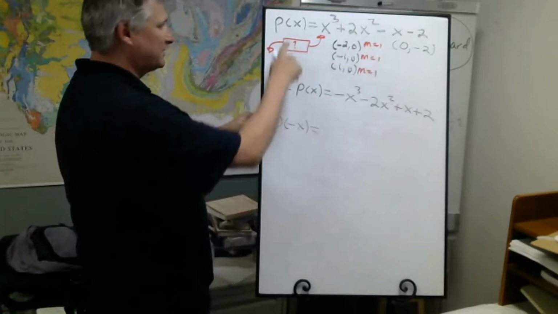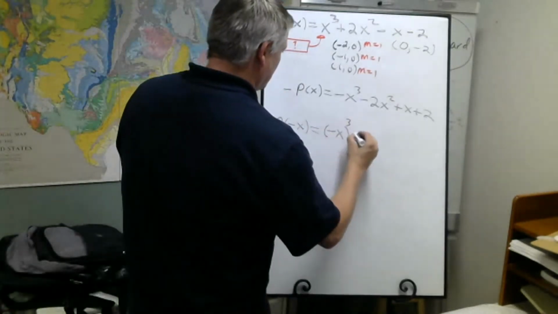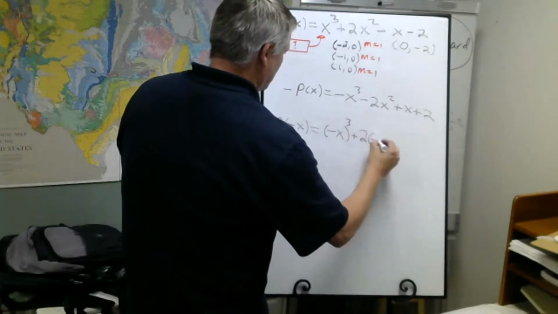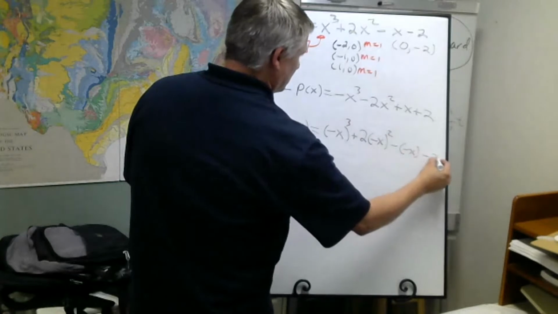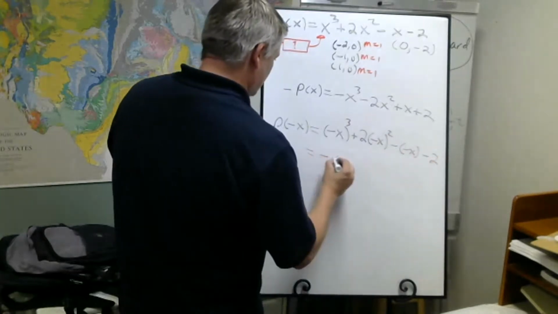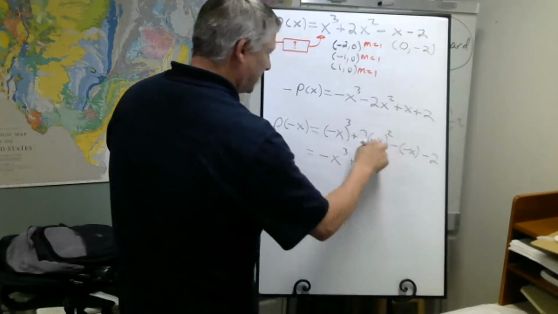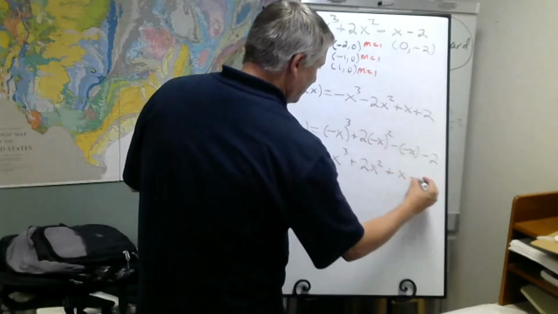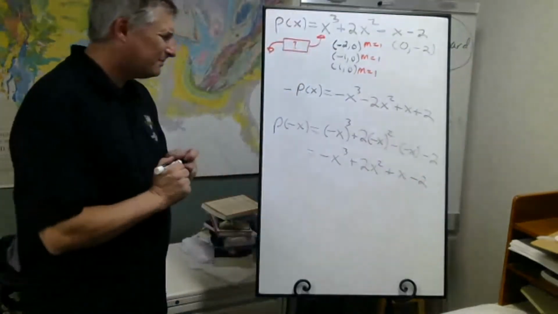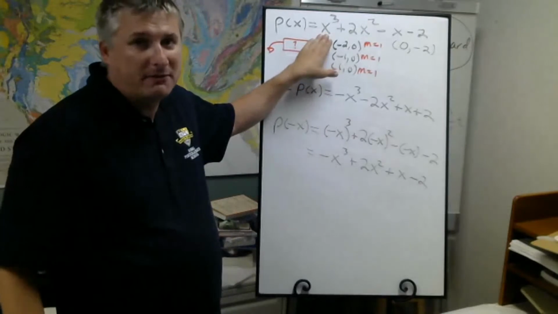So plugging negative x into p of x, the square takes out the negative. Negative is positive, and we still have a minus 2. So right away, it's not the same as just plain p of x.